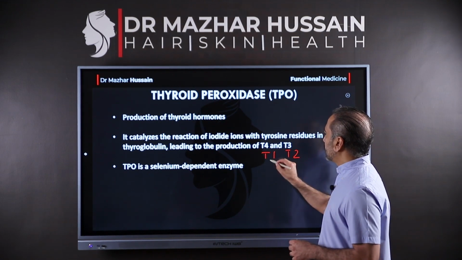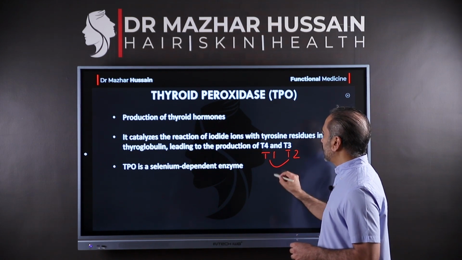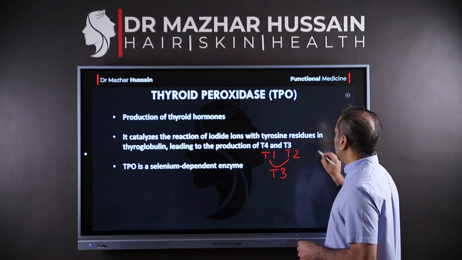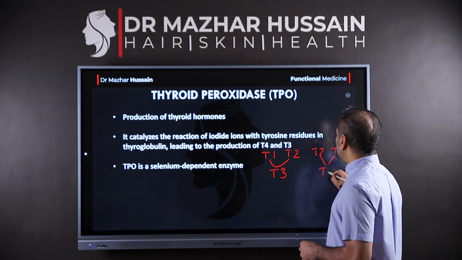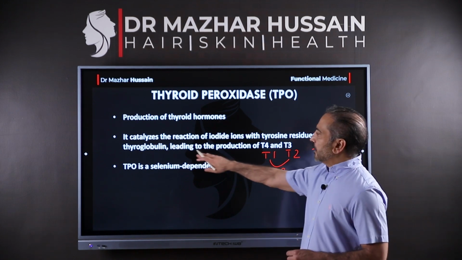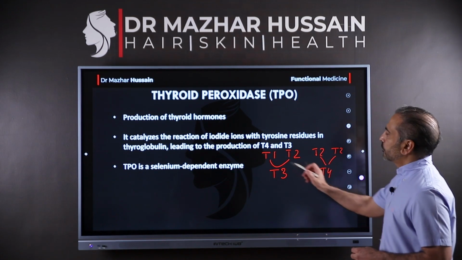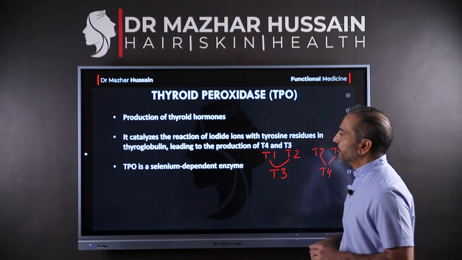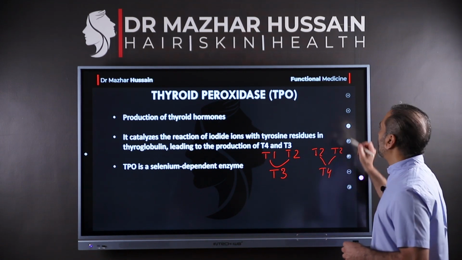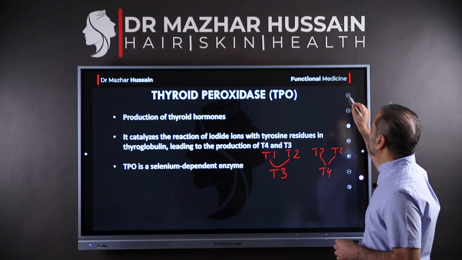They go together to form T3, or you have T2 and T2 going together and forming T4. So the production of T1 and T2 requires TPO activity, and that is then dependent on selenium.